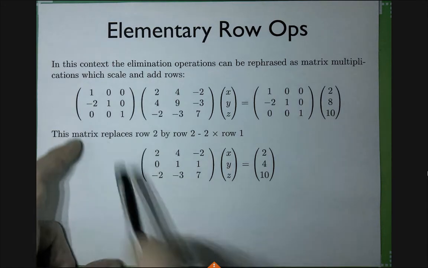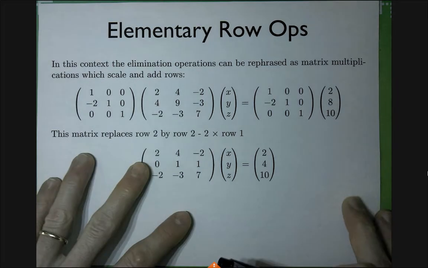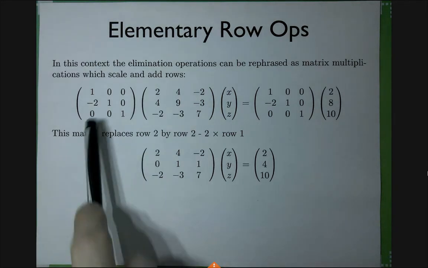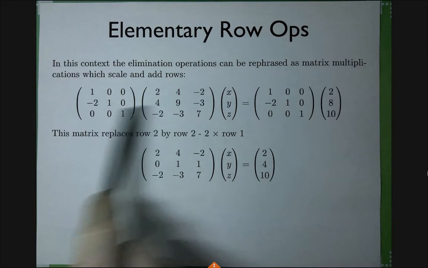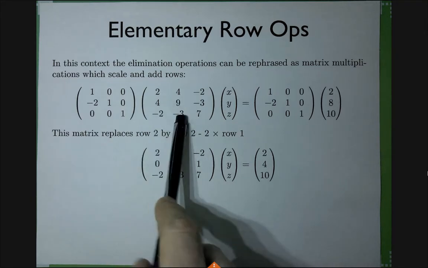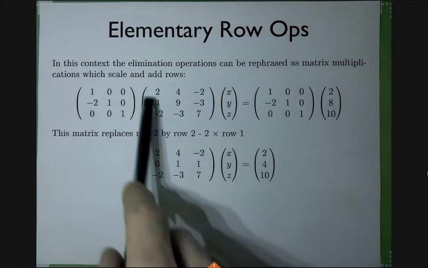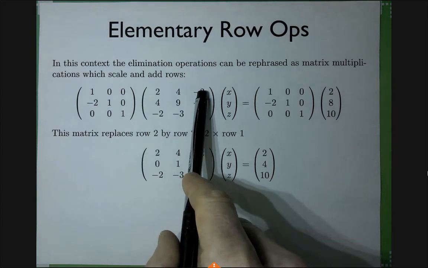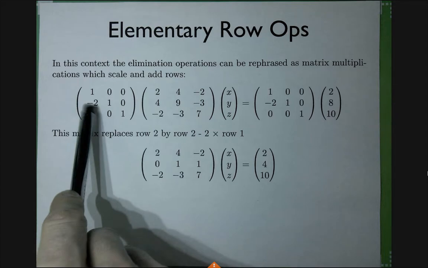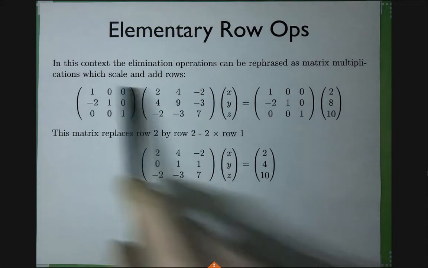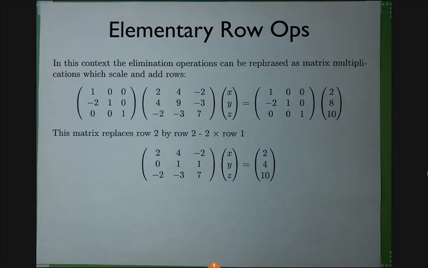This is called an elementary row transformation, I guess, something like this. And this matrix has the property that if I multiply it with an arbitrary matrix, what it does is exactly what I want. It takes the first row, multiplies it by this -2, and adds it to the second row. And the first and the third row are intact.